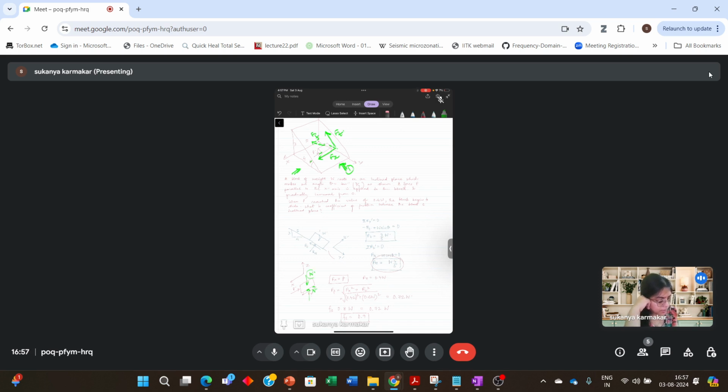Then this weight will be equal to the normal reaction in this direction. Okay, I'll look at this question. I think there is a problem in the solution. Okay. Yeah.